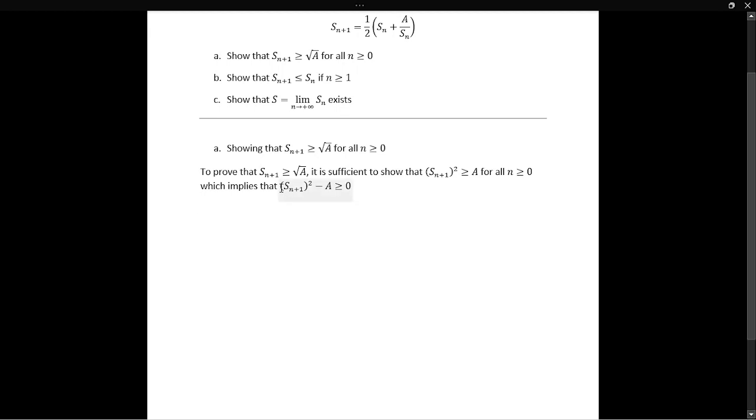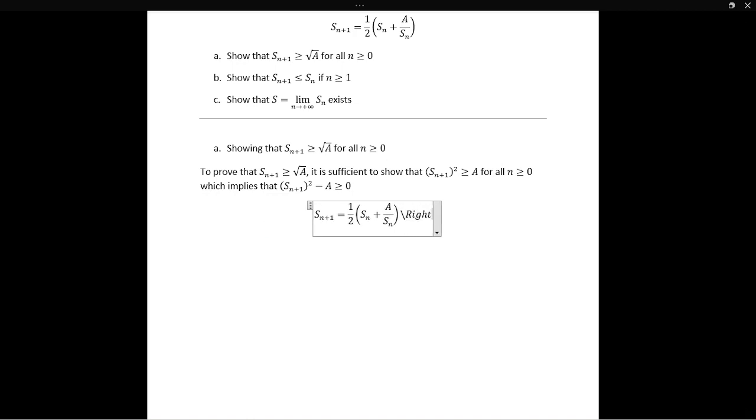Okay, so now let us look for s of n plus 1 all squared. We're given a relationship between s of n plus 1 and a. So if this is s of n plus 1, if I square both sides, it means that s of n plus 1 all squared will be equal to the square of this expression.